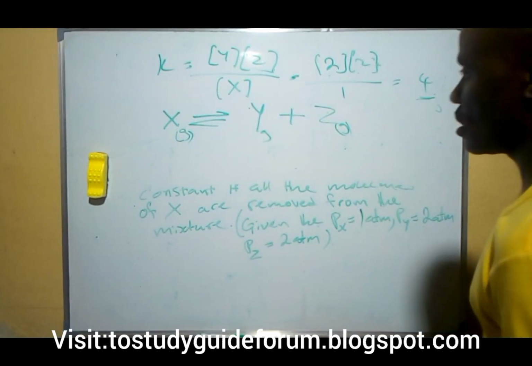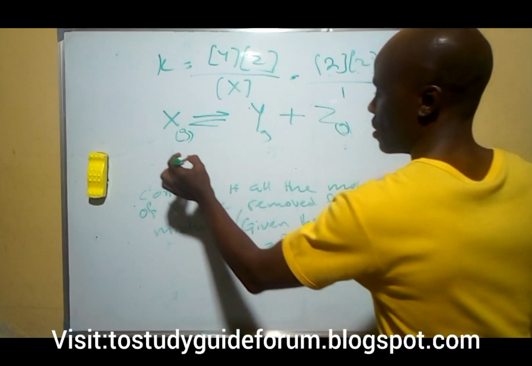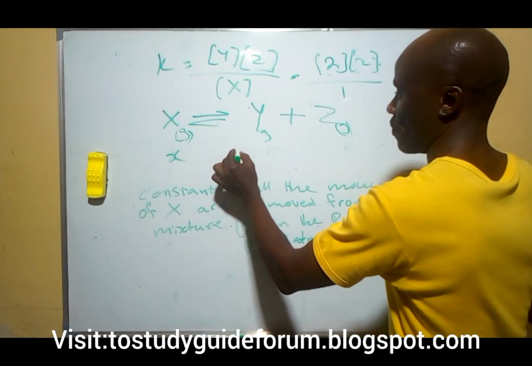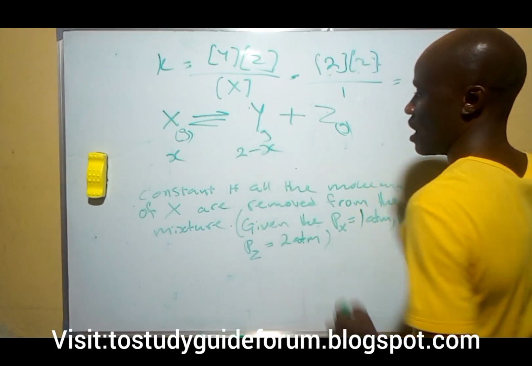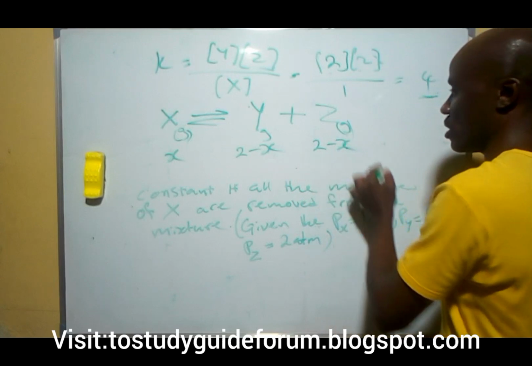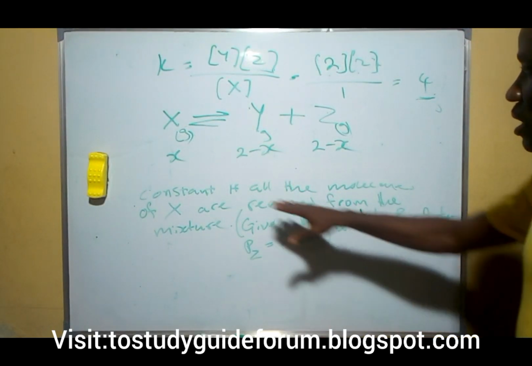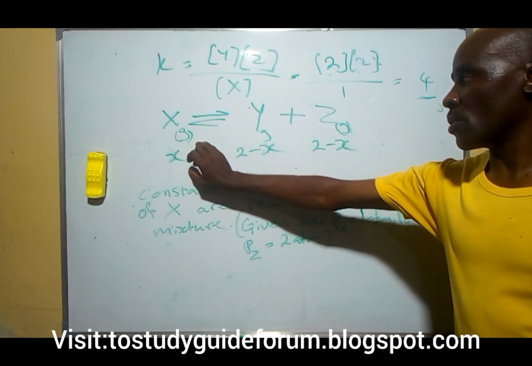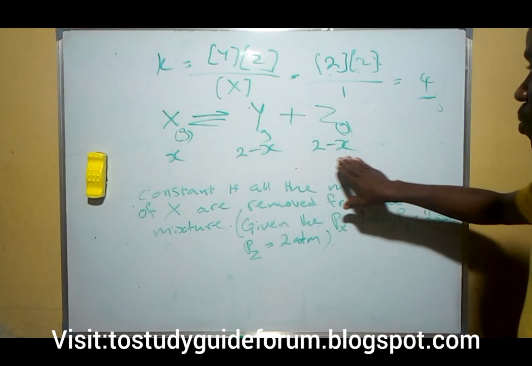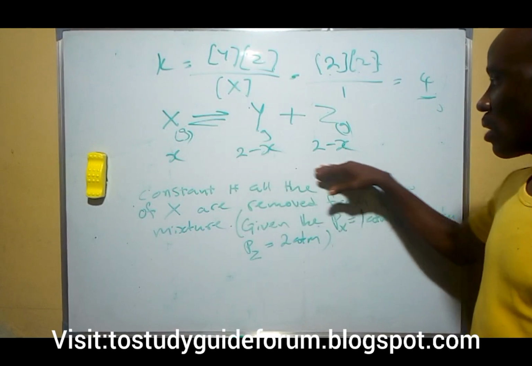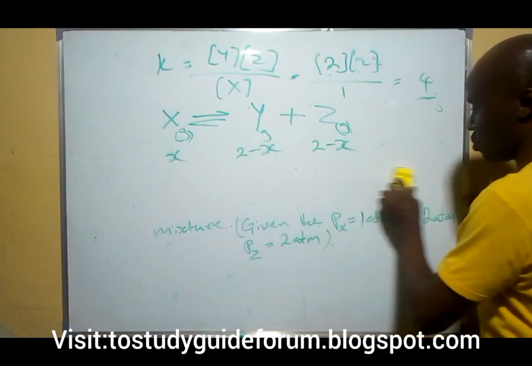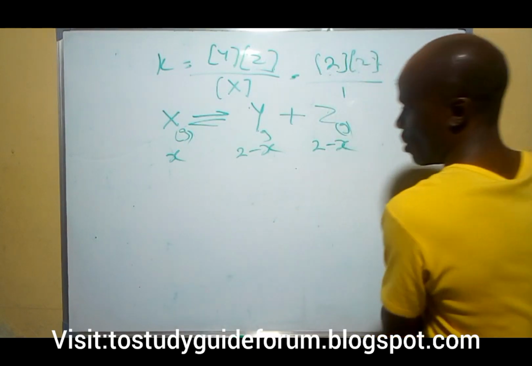Let's say this is the x. When the concentration of x is removed, it will also affect what we have here. Since all the x from this reversible reaction is removed, the next thing is to find the equilibrium constant.